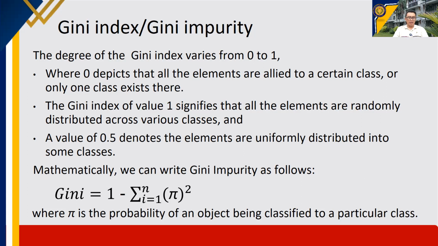Mathematically, we can rewrite the longer version as a shorter version of the previous calculation of Gini impurity as follows. Gini is equal to 1 minus the sum of i, where i is equal to 1 to n, of p_i squared, where p_i is the probability of an object being classified to a particular class.